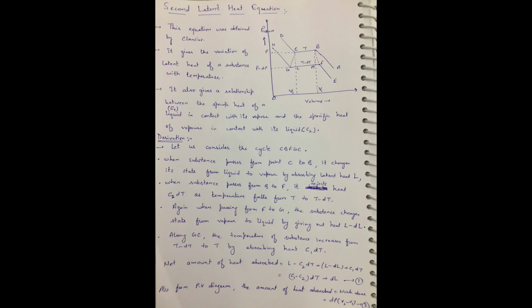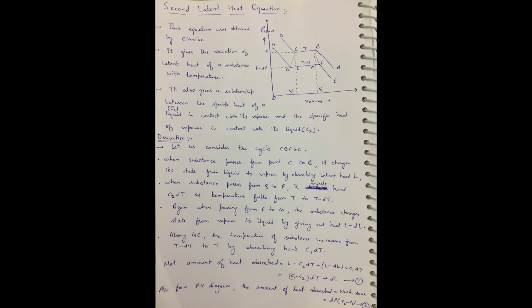Also we know that the work done for a Carnot cycle is equal to the area enclosed by the Carnot cycle, and here we have taken the Carnot cycle CBFGC, which is similar to the Carnot cycle CBMLC.